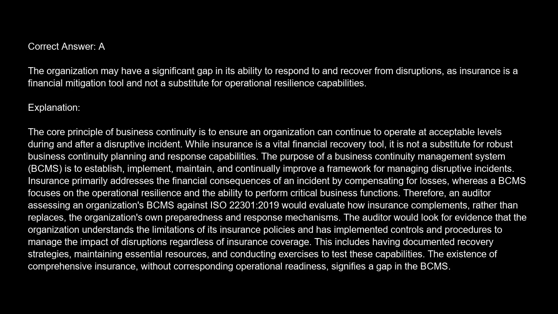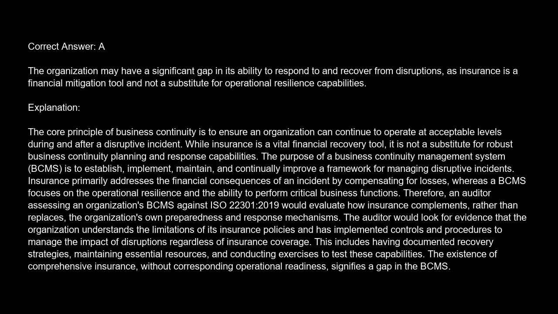The correct answer is A. The organization may have a significant gap in its ability to respond to and recover from disruptions, as insurance is a financial mitigation tool and not a substitute for operational resilience capabilities. Explanation. The core principle of business continuity is to ensure an organization can continue to operate at acceptable levels during and after a disruptive incident. While insurance is a vital financial recovery tool, it is not a substitute for robust business continuity planning and response capabilities.